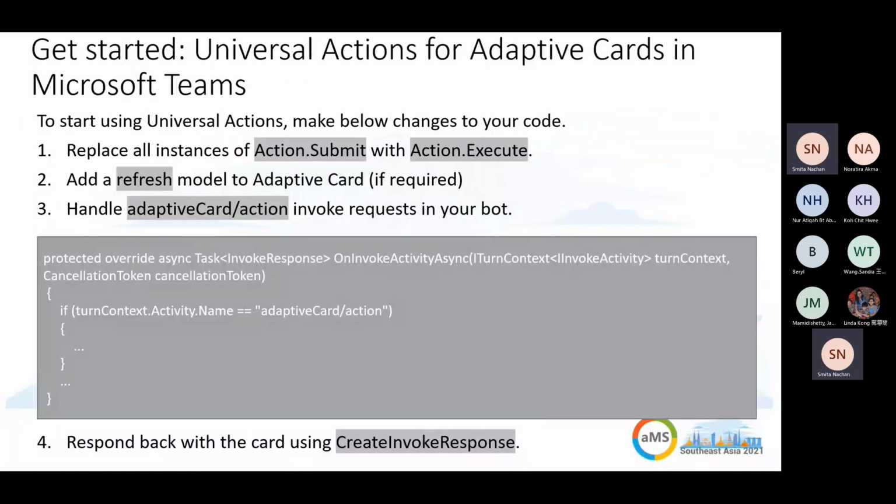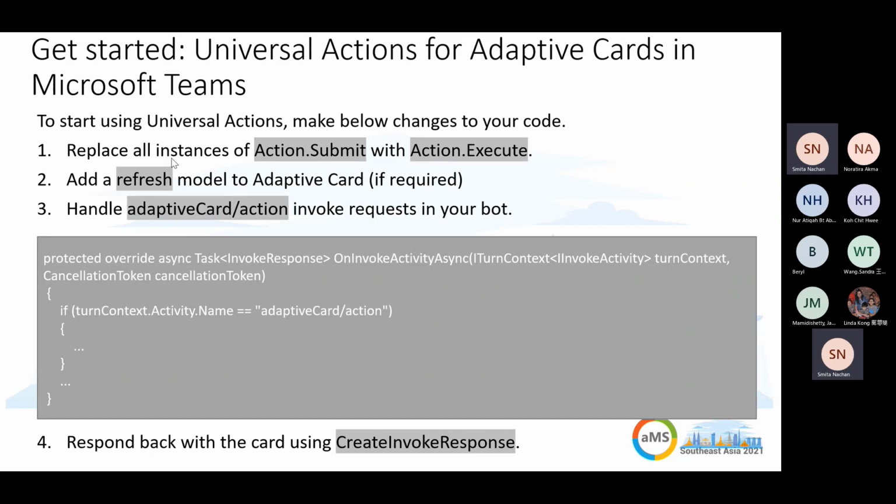But before that, let's see how all these things happen. Firstly, if we want to build all these things, then we should get started with these universal actions for adaptive cards in Microsoft Teams. And let's say you have already built any of your bots previously, these are the steps that we should follow to adapt to the universal actions for adaptive cards.